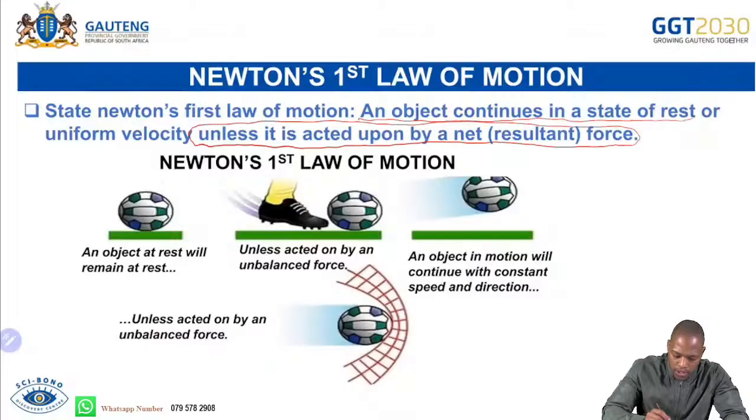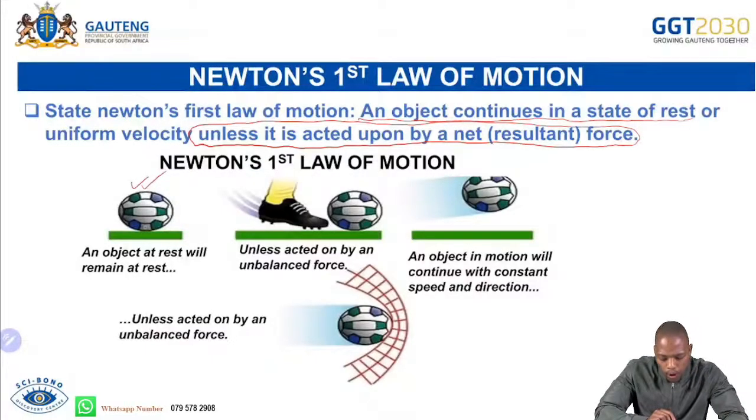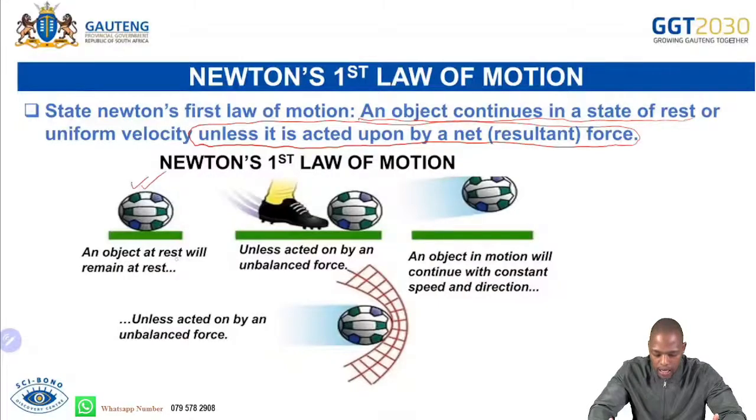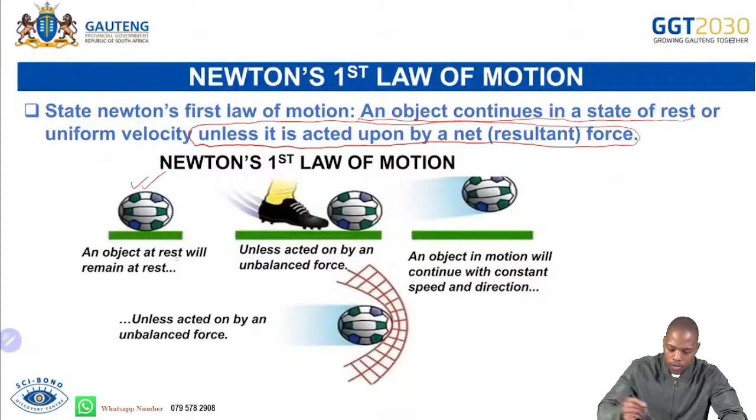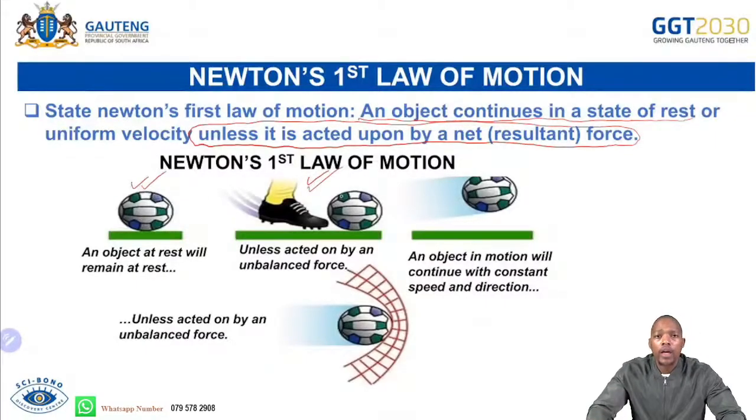I also have a demonstration here. Here's the ball, and the expectation is that it will remain at rest, right? The ball will remain at rest unless it is acted upon by a net force. The second part of my picture here shows a net force acting on a ball in the form of a player kicking the ball, right?